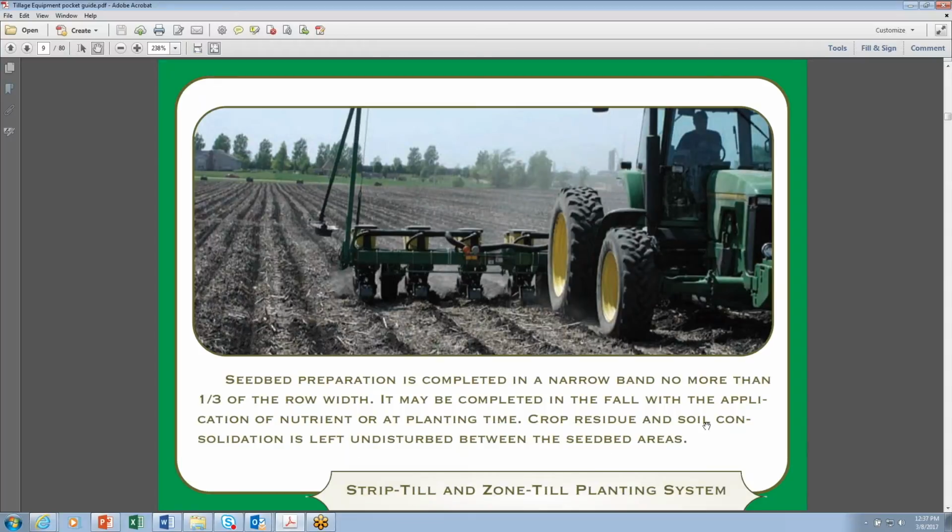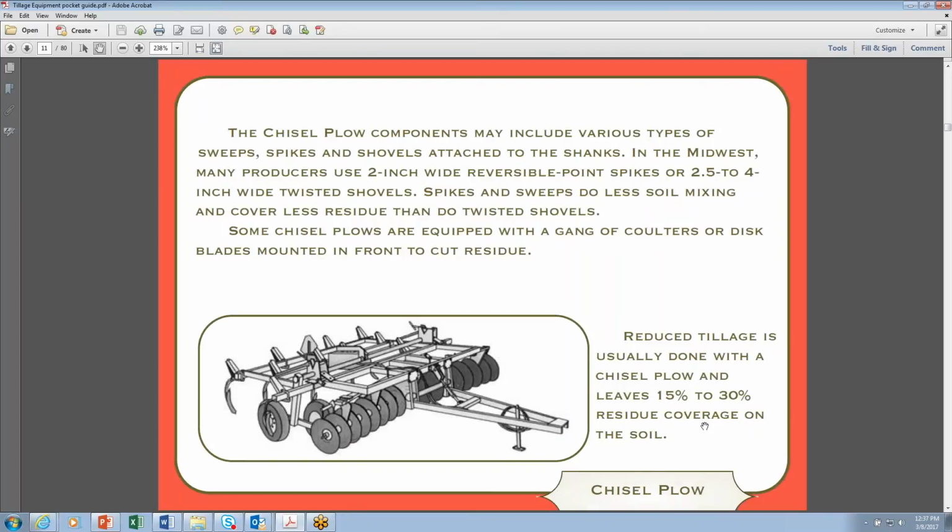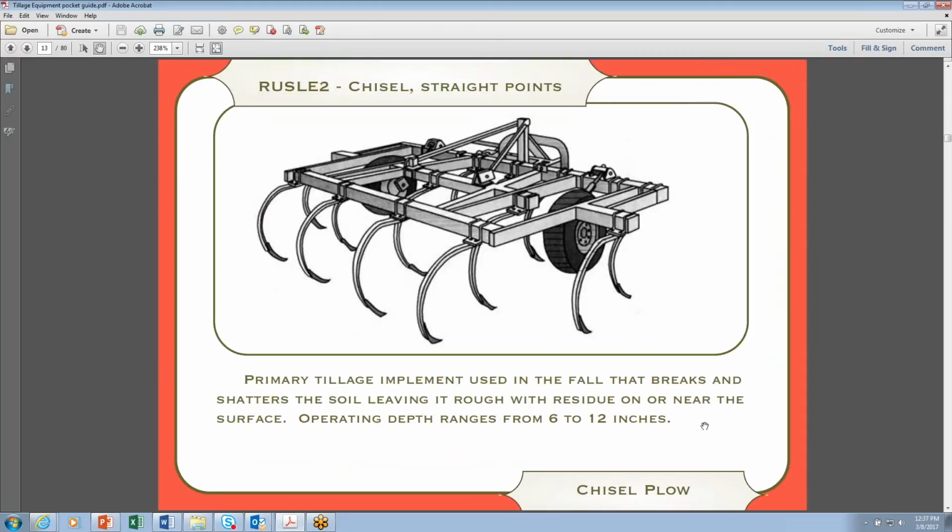This again kind of links right back to the tool we just looked at, where it talks about row width disturbances. It talks about what's going on with how this particular implement works. So this will help you if you have not studied this.